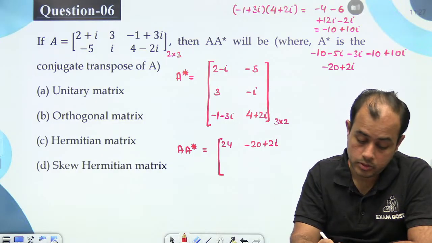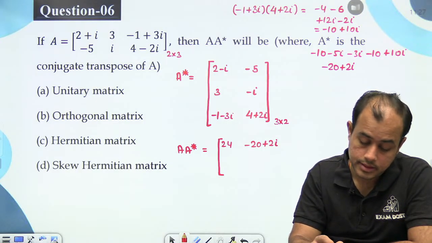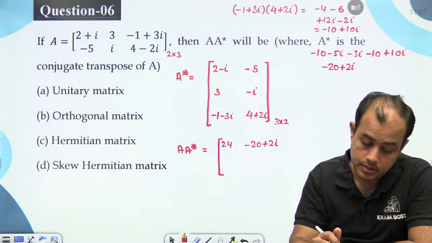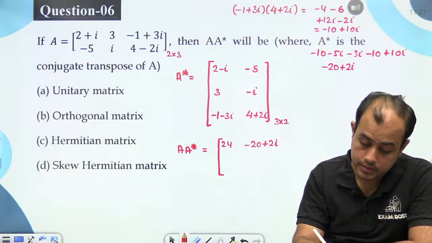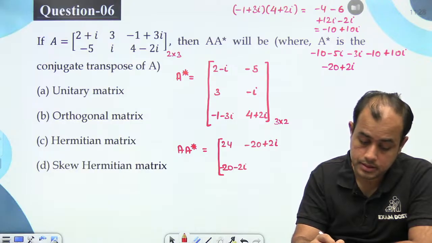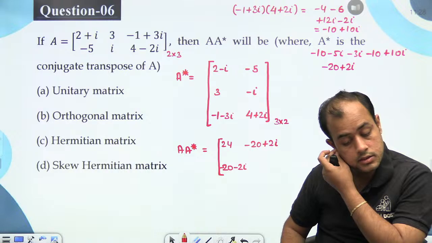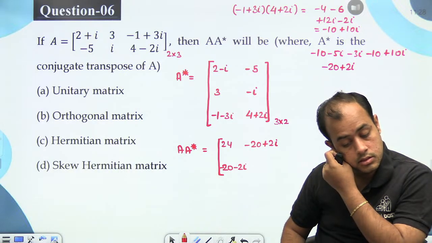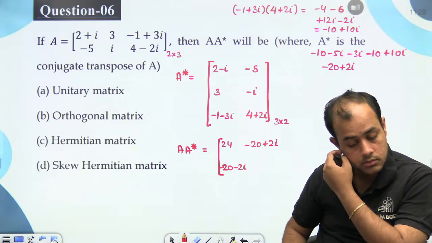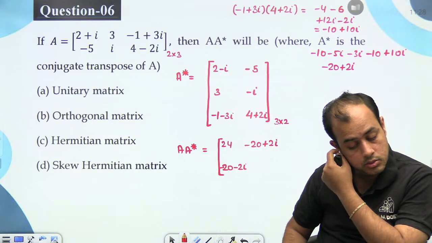Minus 20 plus 2 iota. Then minus 10 plus 5 iota plus 3 iota, 4 minus 2 iota और minus 1 minus 3 iota. पच्चीस और एक 26 आयोटा और माइनस आयोटा 1 और एक 26 और 46.